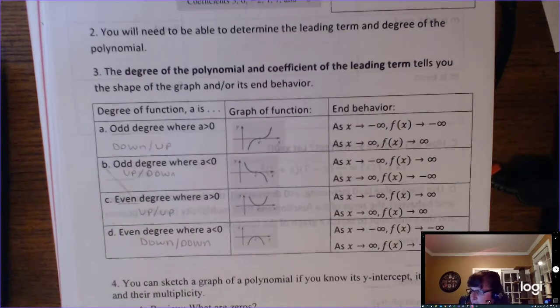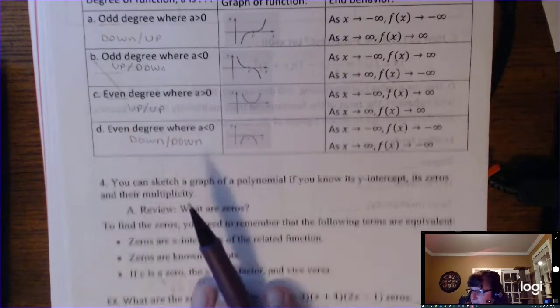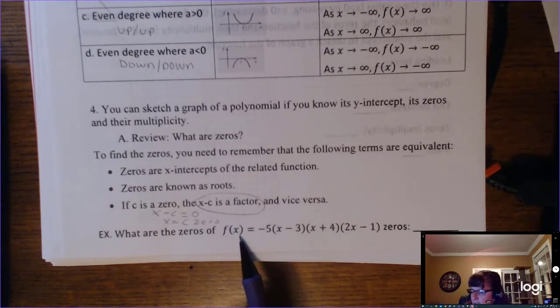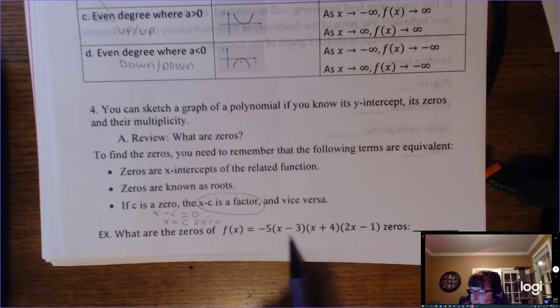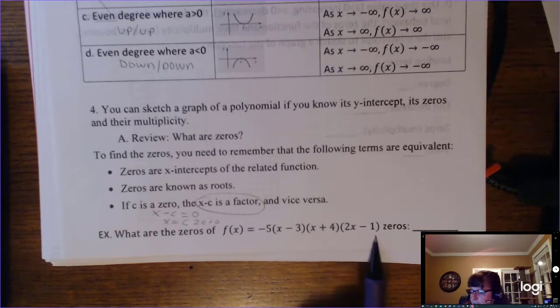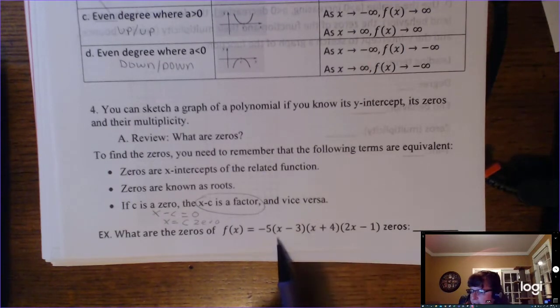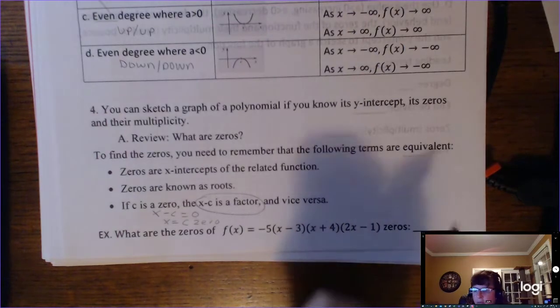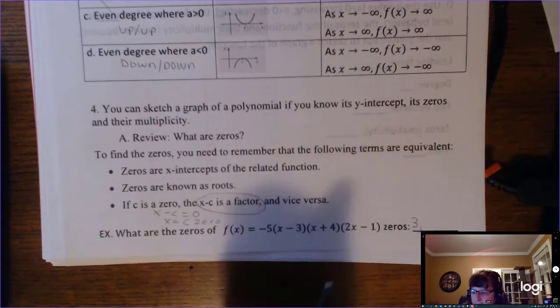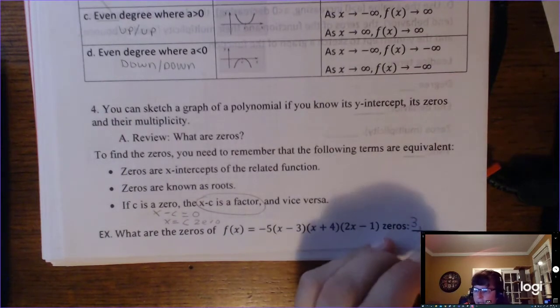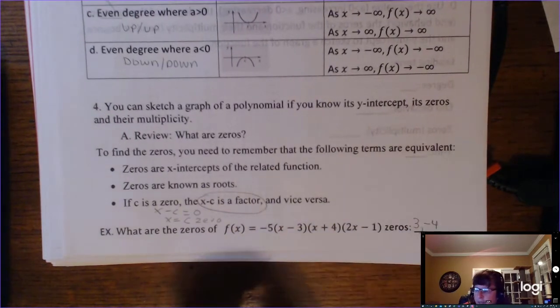So for this one you have negative 5 times x minus 3 times x plus 4 times 2x minus 1. Now negative 5 is a constant, it is not a factor, it doesn't have an x. But x minus 3 is a factor, and so it would give you the 0 of 3. X plus 4 is a factor, and it would give you a 0 of negative 4.